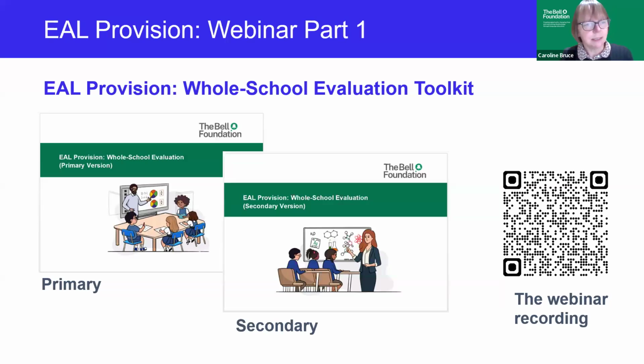The process is a self-evaluation activity. It's developmental in nature and is highly collaborative, involving a range of school staff and stakeholders. If you missed part 1 and want to listen to a recording of the webinar, it's available on our website, and you can access that with the QR code that's on the screen there in front of you.